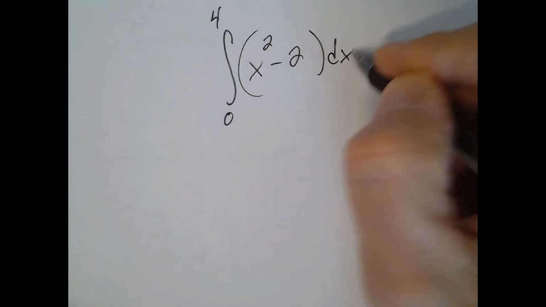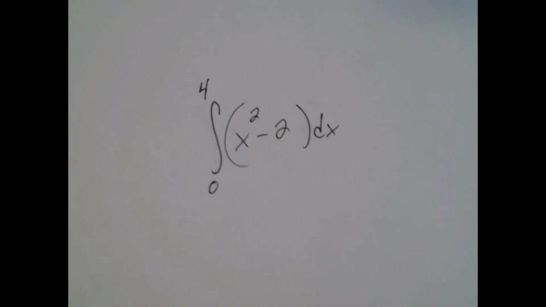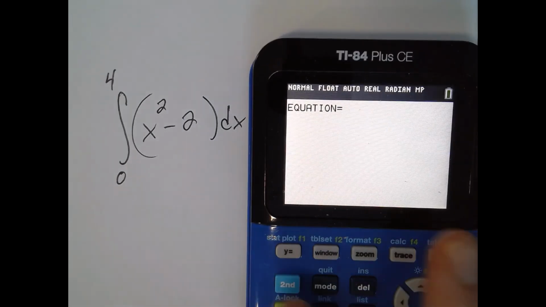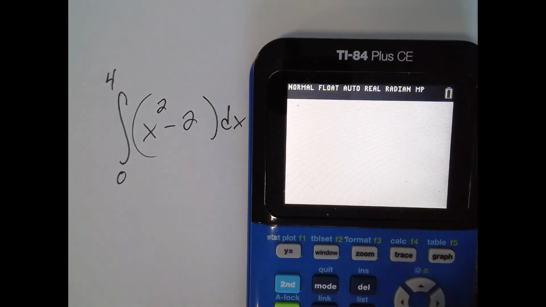So we don't know how to do that right now, because it's not going to produce a geometric shape that we have a formula for. But the good news is our calculator will do it for us. So we're actually going to learn how to do it on a calculator before we know how to do it by hand.